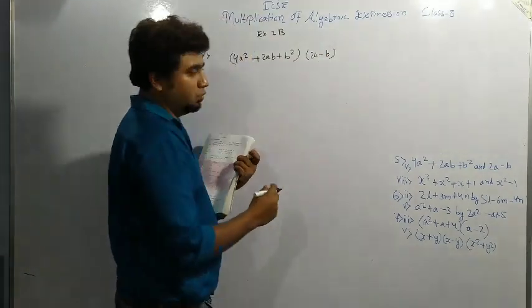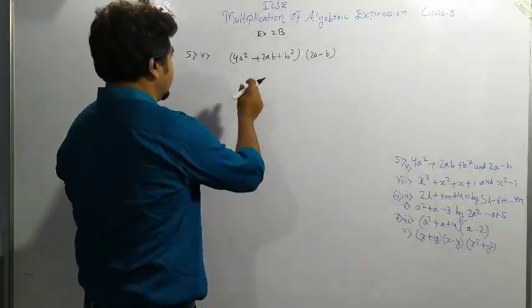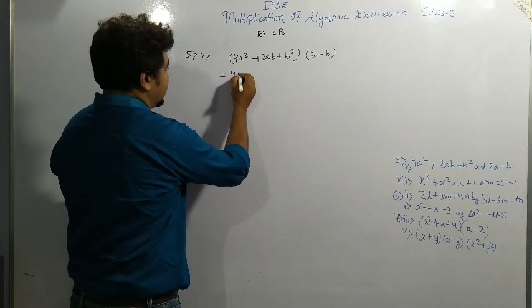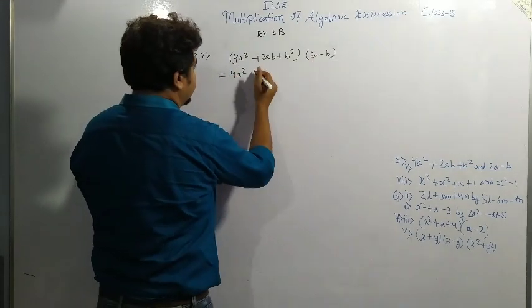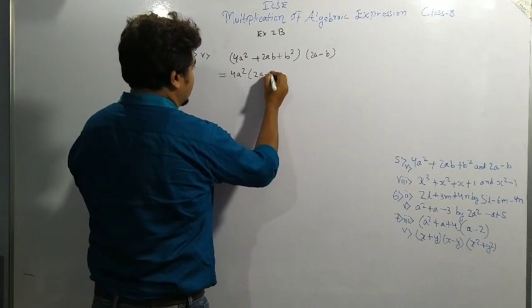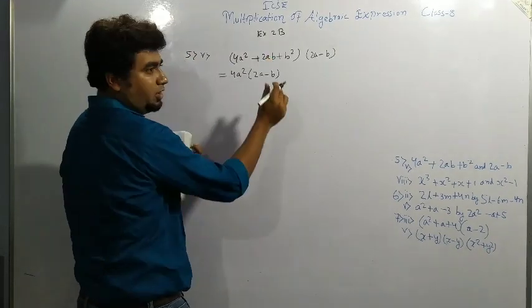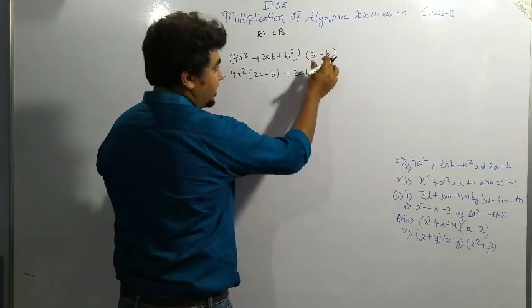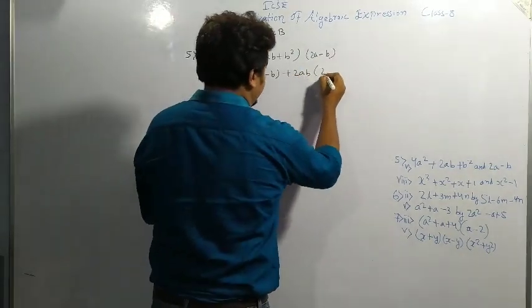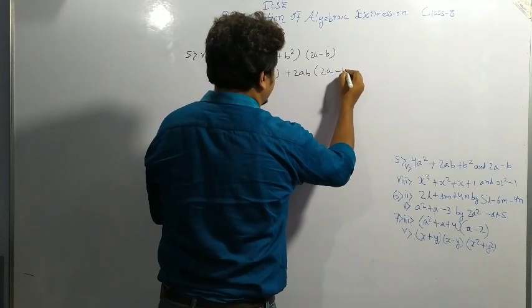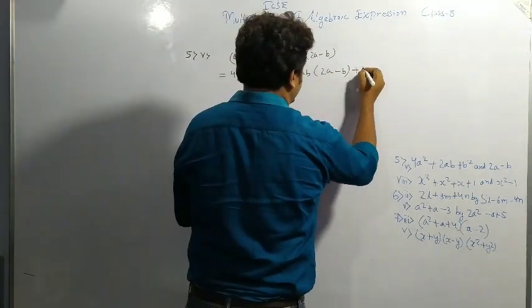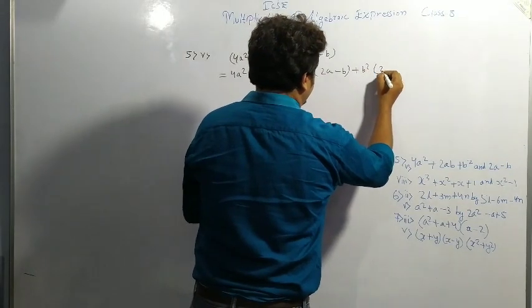So what will we be doing? 4a square, I am writing 4a square, then bracket of 2a minus b, then plus 2ab into bracket of 2a minus b, then again plus b square into bracket of 2a minus b.